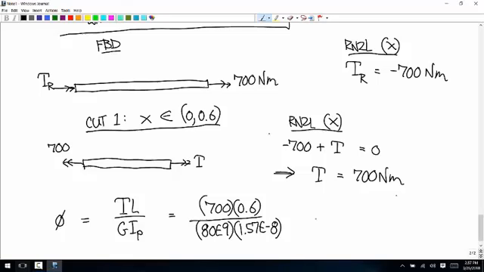And you get a total value of 0.334 radians.